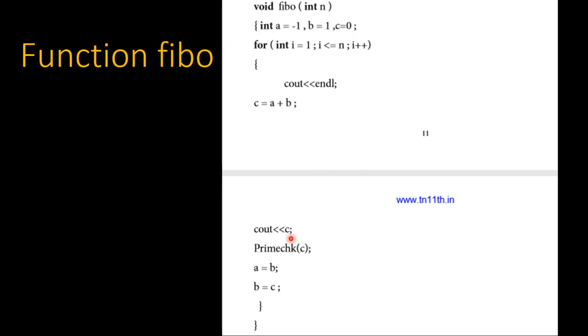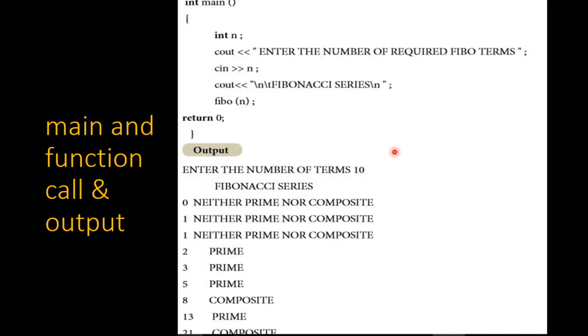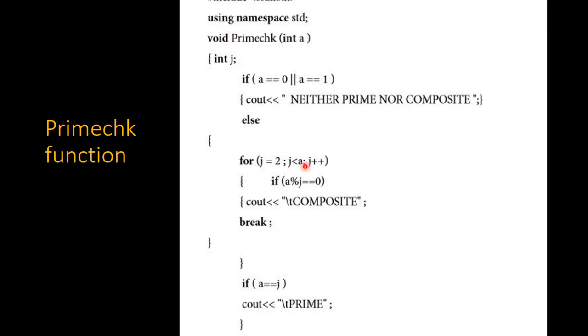Once one number is generated, the function call to prime check is made, and the prime check checks whether the number is prime or composite. So two functions are over. This is the Fibonacci function, which generates the Fibonacci series, and the previous one is the prime check function, which checks whether the number generated is a prime number or not.